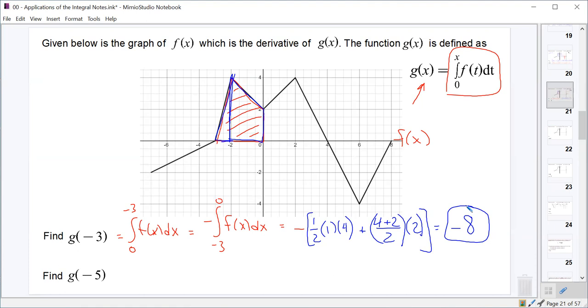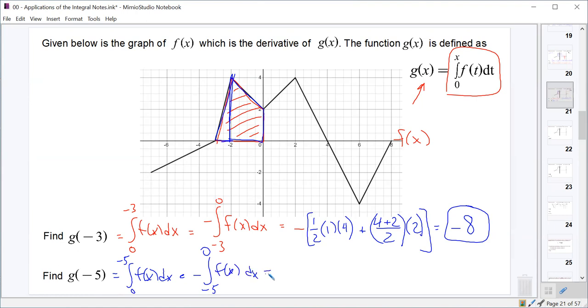To find g of -5, we just want to find an integral from 0 to -5 of f of x dx. Well, that should be the opposite of the integral from -5 to 0 of f of x dx.